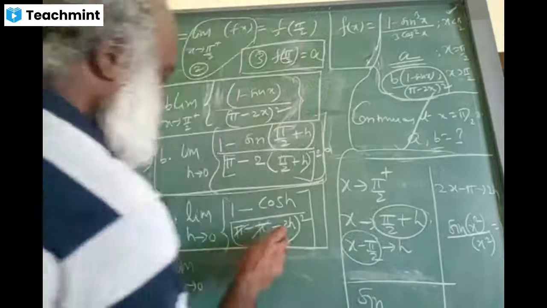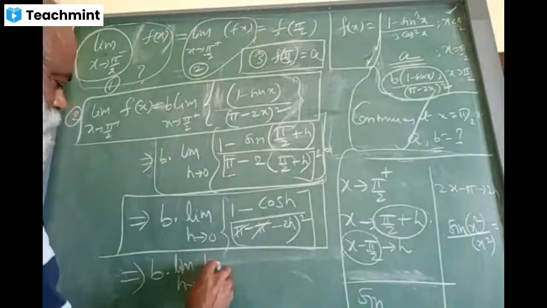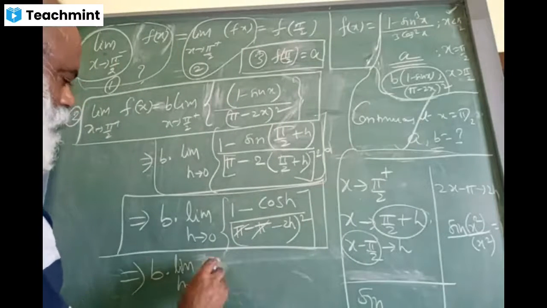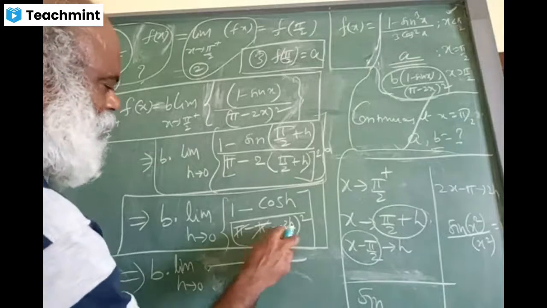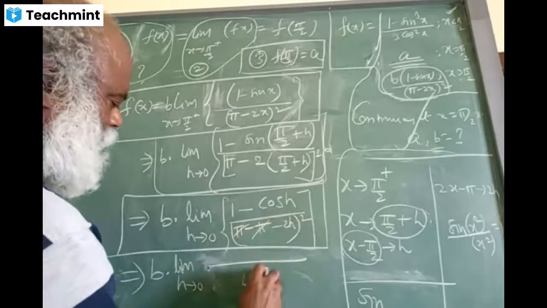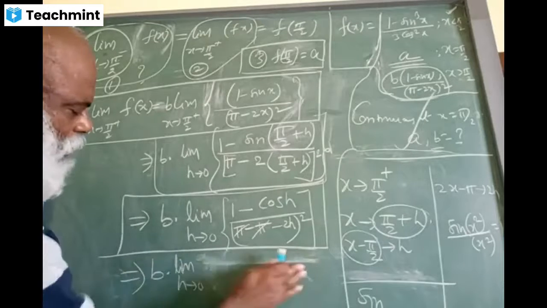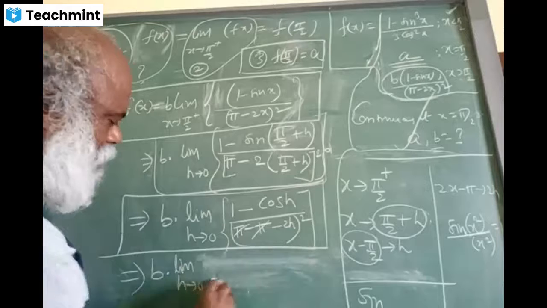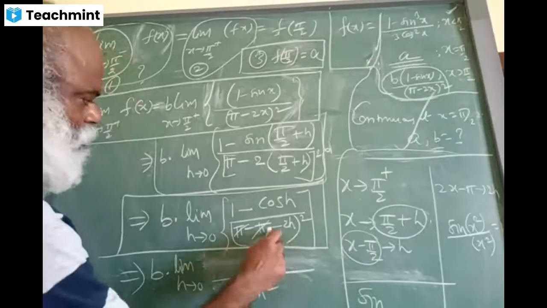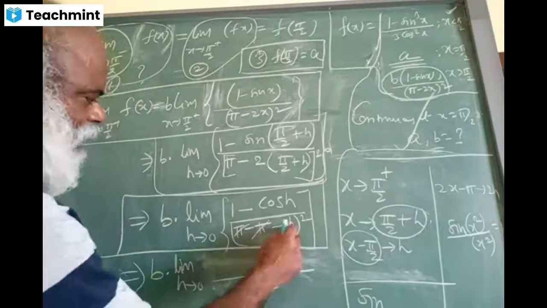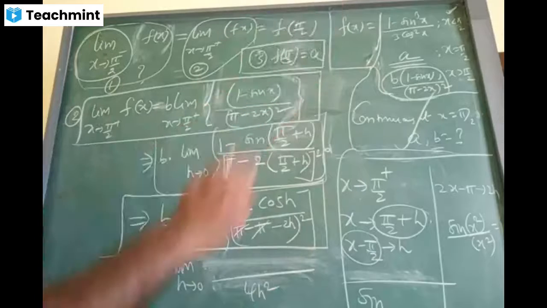The denominator is minus 2h whole square, 4h square. The 4 is a constant. Okay, I am taking 4 out, yes. This is 4h square, minus 2 square is 4h square. Clear? Yes.